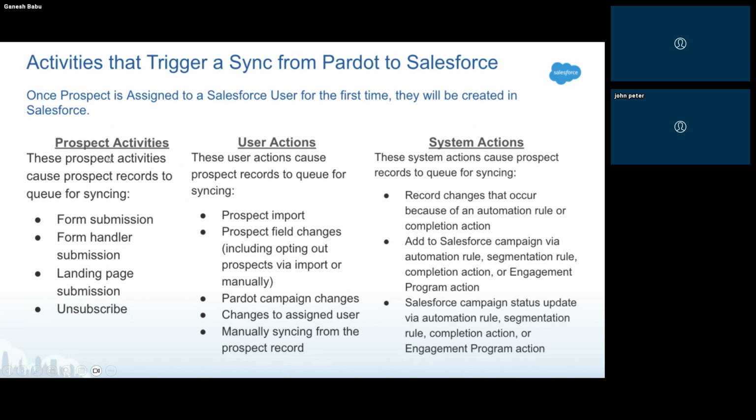Okay. And what are the triggers from Pardot to Salesforce? With respect to prospect activities, form submission, form handler submission, and landing page submission, everything initiates the trigger. With respect to user actions, when you import a prospect and when you make field changes to the prospect, it will initiate the trigger. And the system actions, which are nothing but completion actions and automation rules that we have done.